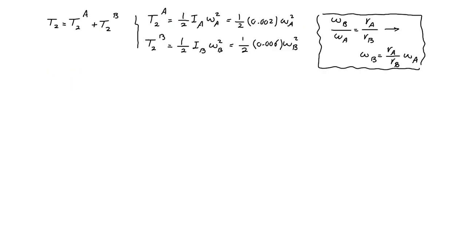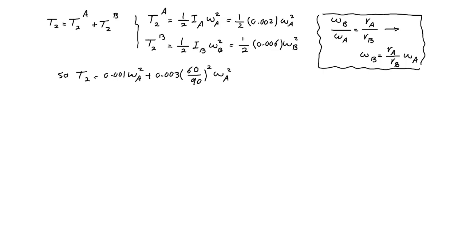T2 becomes 0.001 omega A squared plus 0.003 times the ratio of radii, 60 over 90 squared, omega A squared.